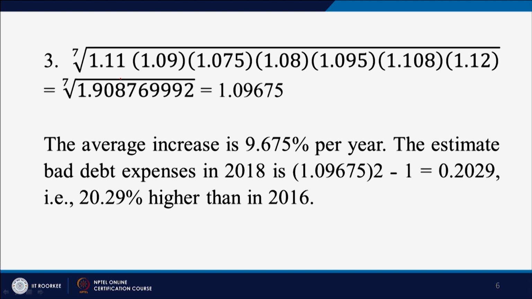The answer to this question is 1.09. So, the average increase rate is 9.675 per year. How did we get this? This value multiplied by 100 is 9.675% per year.